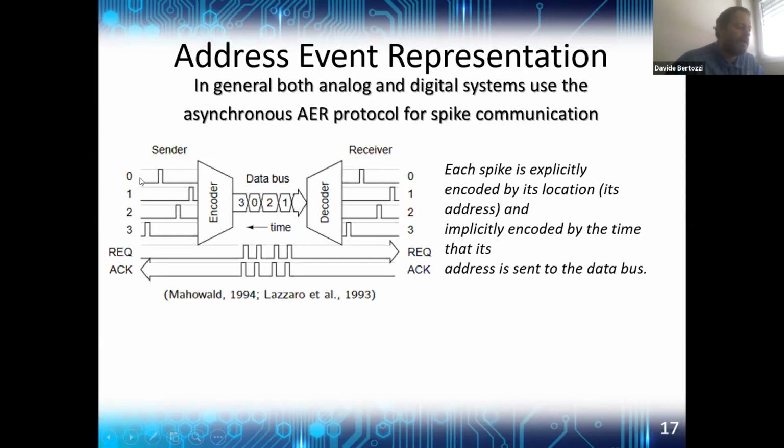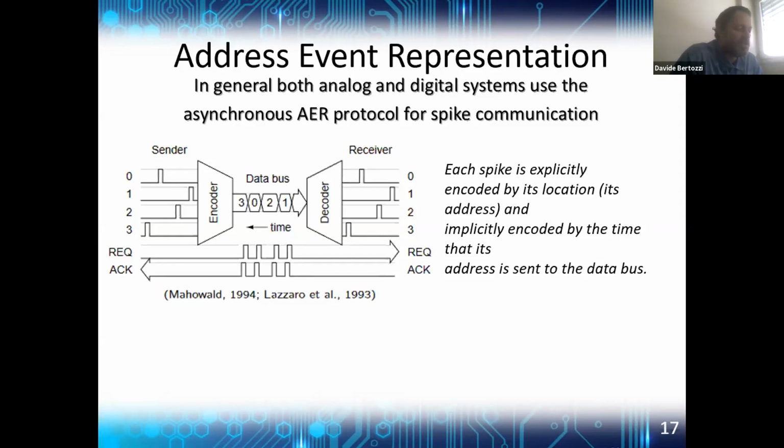So this spike is changed into the address of the source. So in general, in this representation, computational units, the neurons, are assigned an address, and this address is encoded as a digital word and transmitted as soon as these neurons produce an event. They produce a spike, and this is done using fully asynchronous digital circuits.